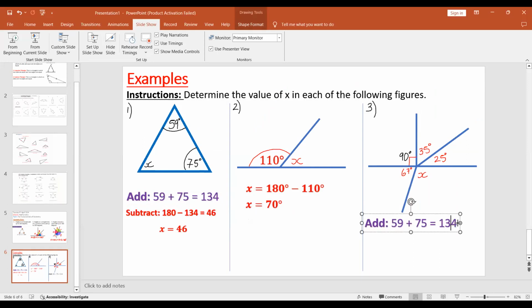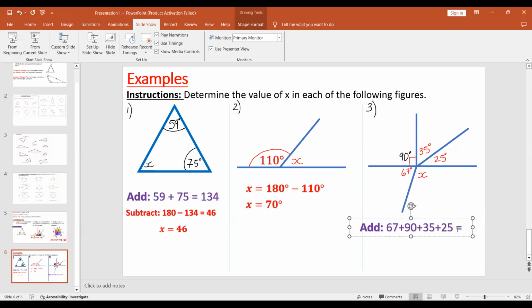We have 67 degrees plus 35 degrees plus 90 degrees plus 25 degrees. Now, when you add them together, what is your result? So 67 plus 90 plus 35 plus 25.